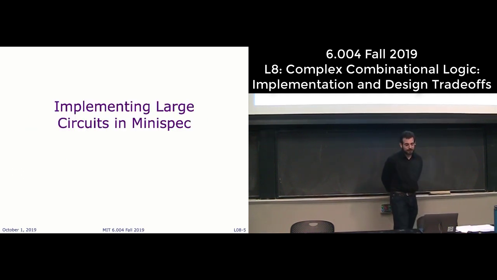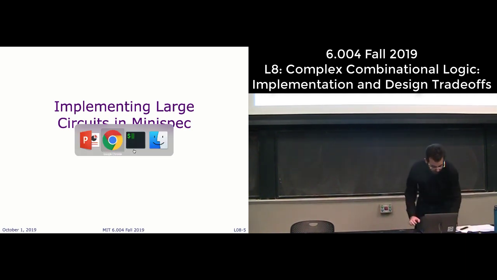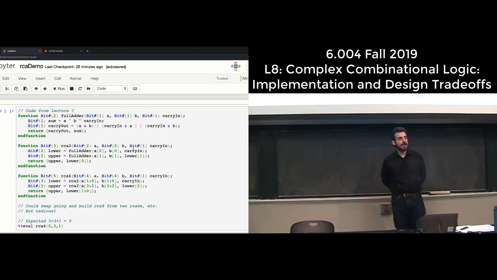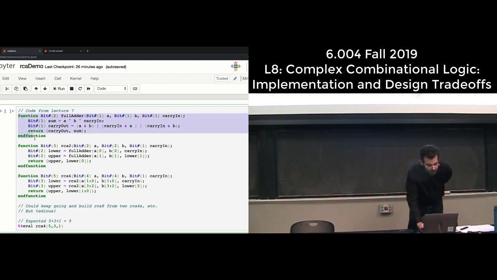All right, so remember where we ended up last time was with code like this one. We started looking at the basic features of Minispec, and we used a ripple carry adder as an example to drive the different features that we saw.